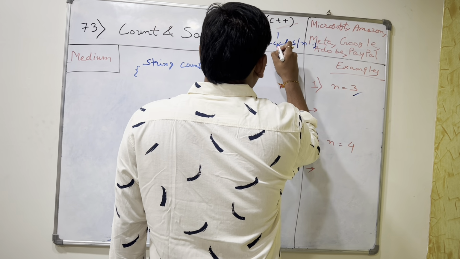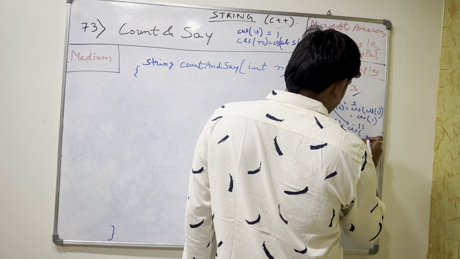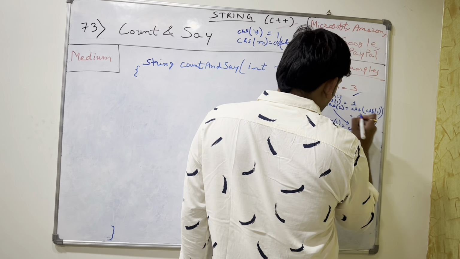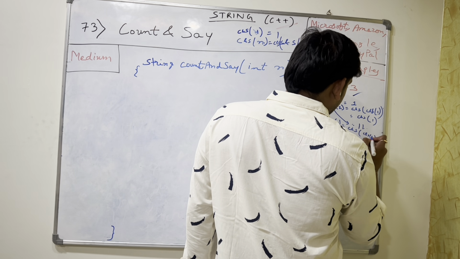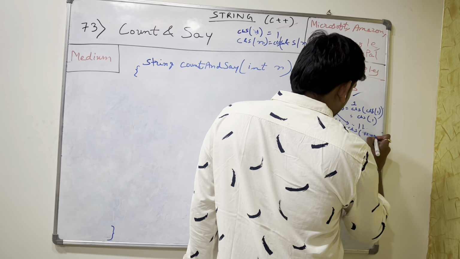Now when we do count and say 3, it is actually based on count and say of n equal to 2. For count and say of 2, our answer is 11.